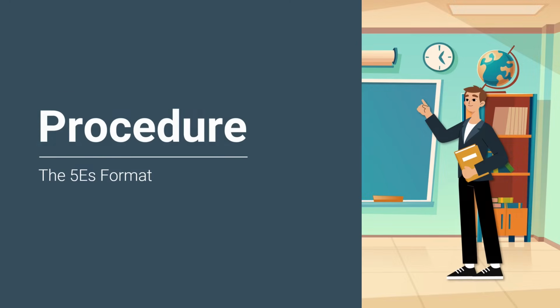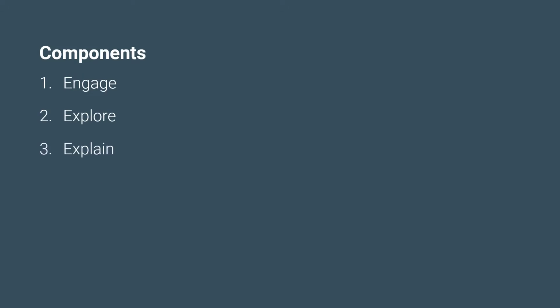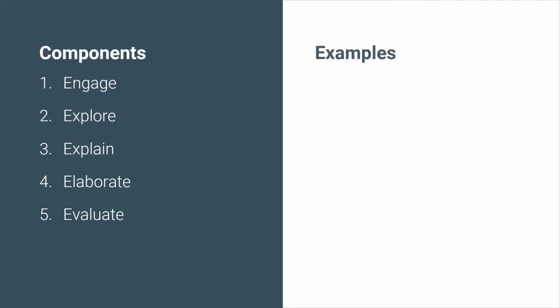The third part of the lesson plan is the procedure. This is where we will use the 5 E's format. In doing so, we will first discuss each of the format's components: engage, explore, explain, elaborate, and evaluate. Then, provide examples following the set objectives and subject matter.